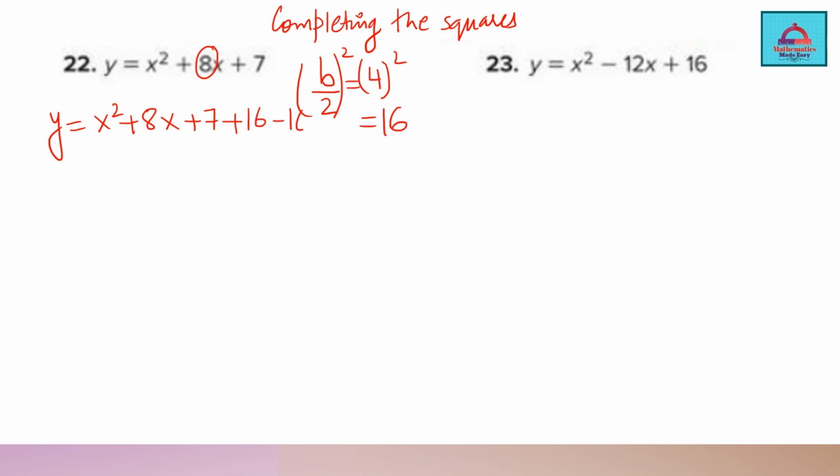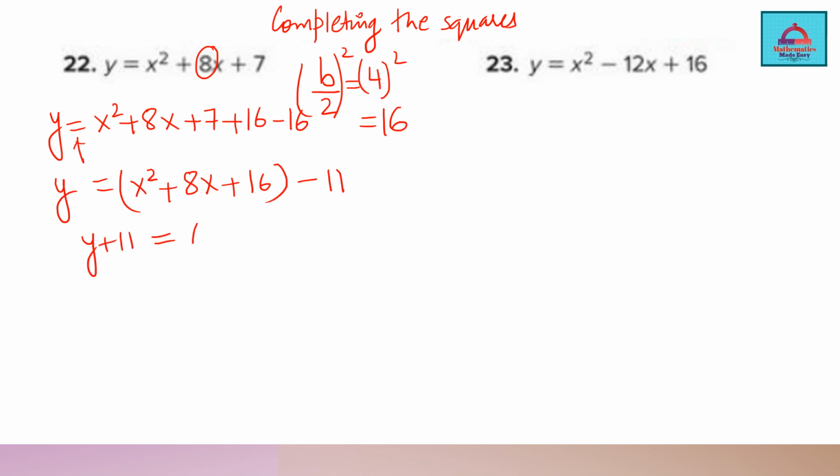We need to subtract 16 so that the equation does not change. So x square plus 8x plus 16 will be taken together and minus 9 is left after subtracting. So y plus 9 is equal to x plus 4 whole square. This is what you get in the square form.